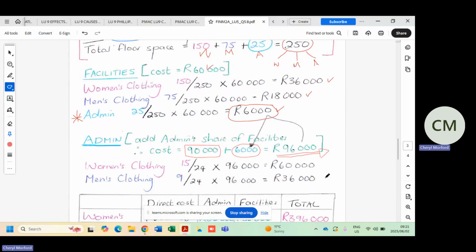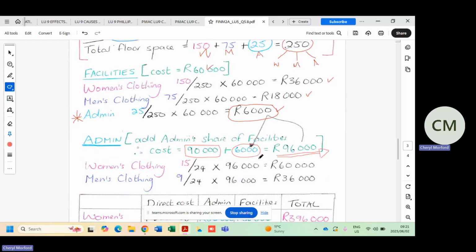So we're going to take the larger admin department's cost of 96,000 and we're going to share it amongst the two production departments on the basis of number of employees. And that remains the same. Okay, so women is 15 out of 24, men 9 out of 24.